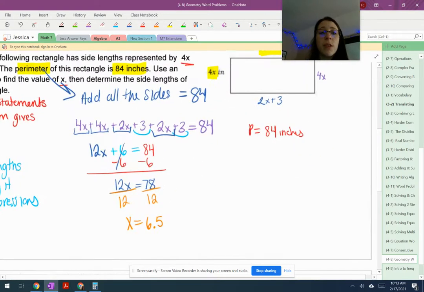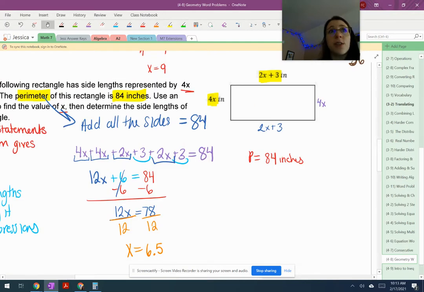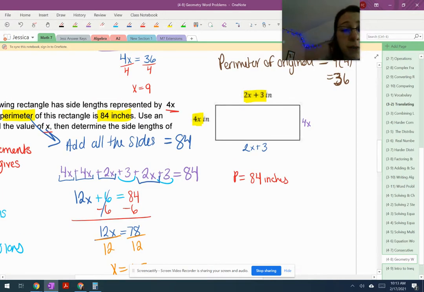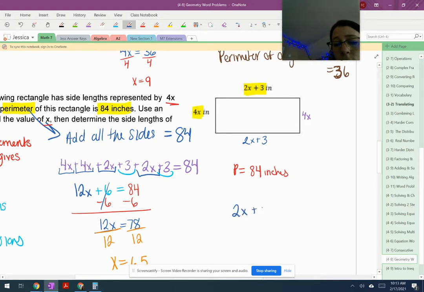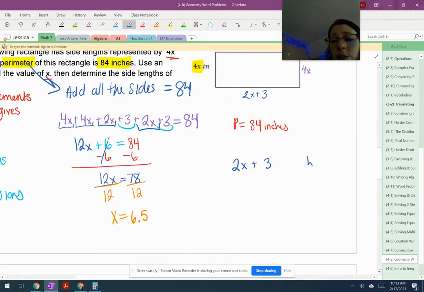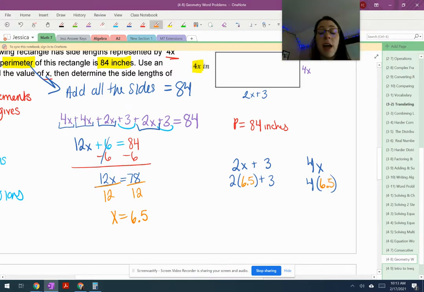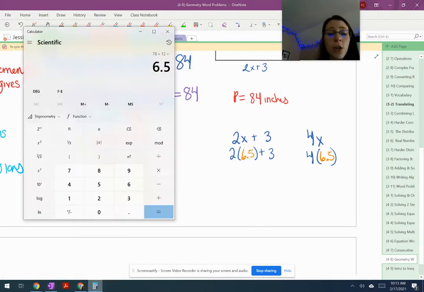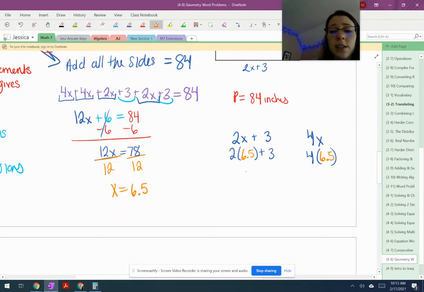So we were told that we have side lengths of 4x and 2x plus 3. So we're going to use that. 2x plus 3 and 4x. We now know that x has a value of 6.5. So we're replacing or filling in that x with the 6.5. 6.5 times 2 plus 3 is equal to 16.